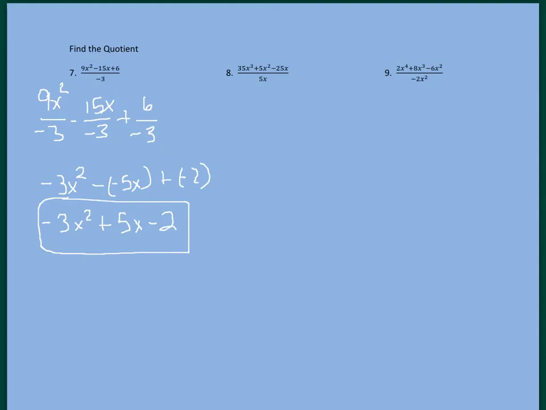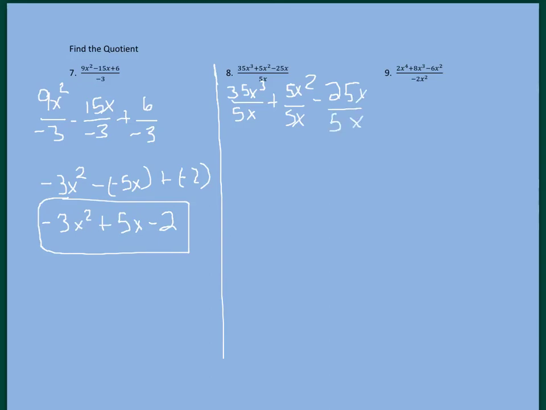So, step 1. Separate them all. So, 35x to the third divided by 5x plus 5x squared divided by 5x minus 25x divided by 5x.